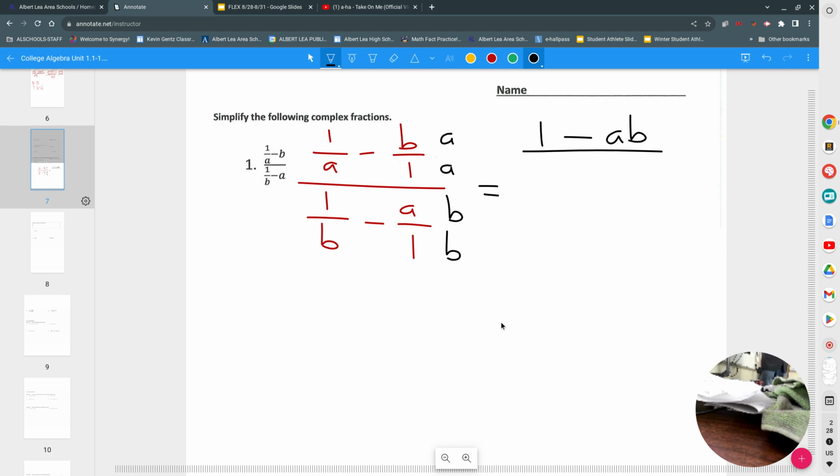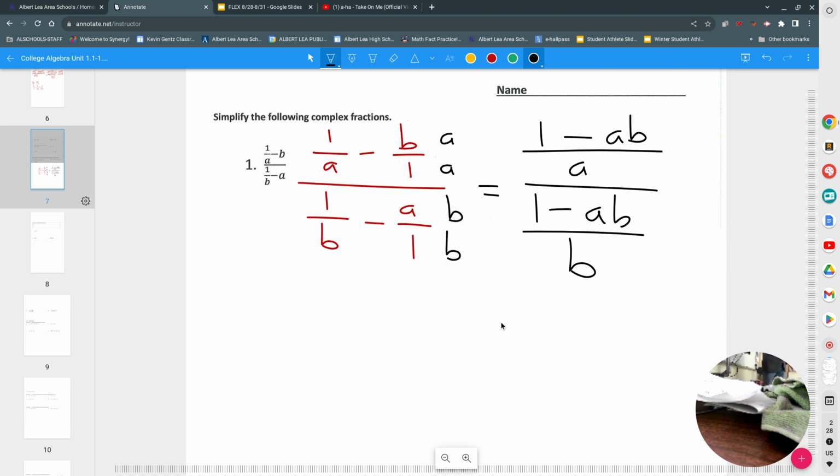And in the denominator, you're left with A. In this one, we also have a 1 minus AB. And in the denominator, we are left with B.